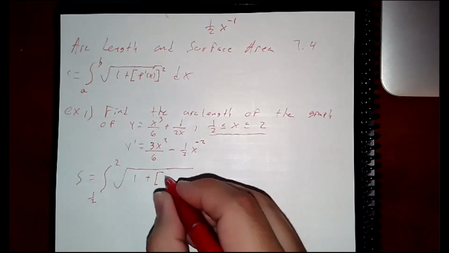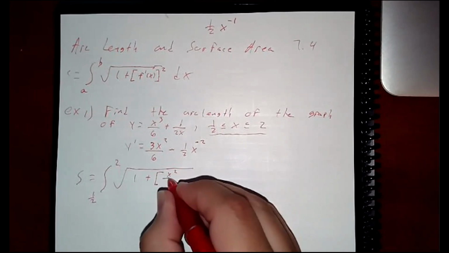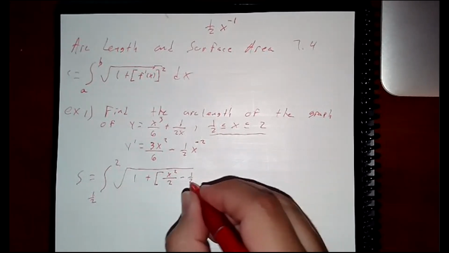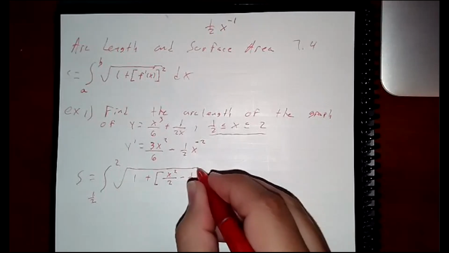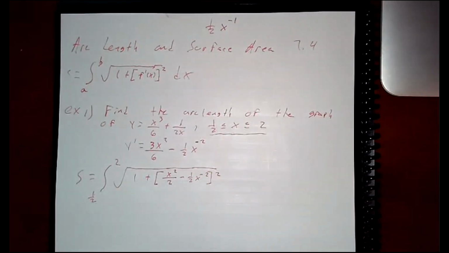So x squared over 2 minus 1/2 x to the negative 2, squared. The hard part now is going to be integrating this. Right now it looks super funky, right?